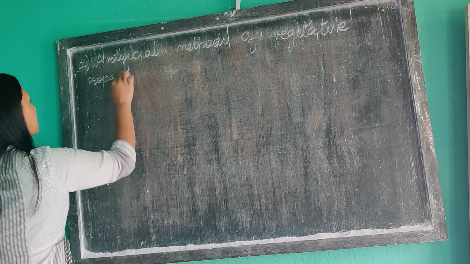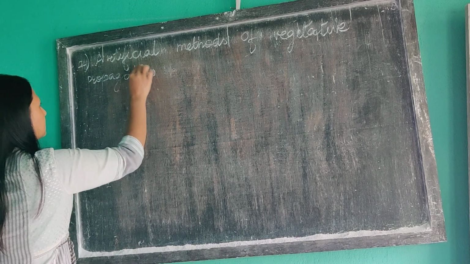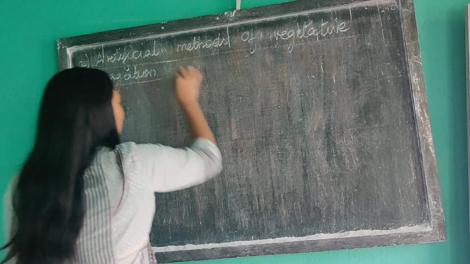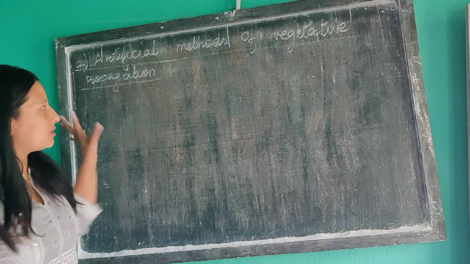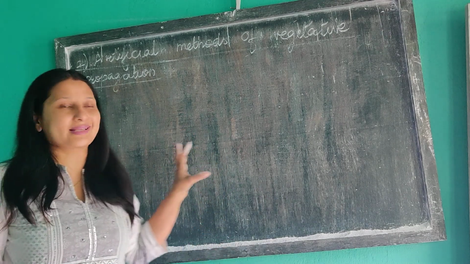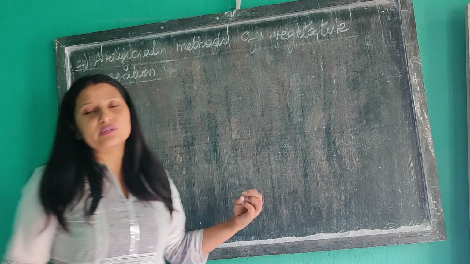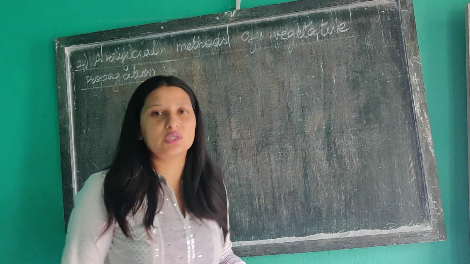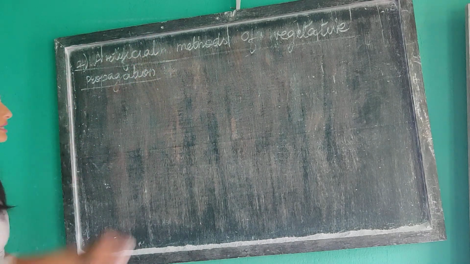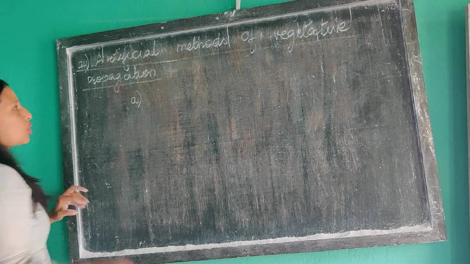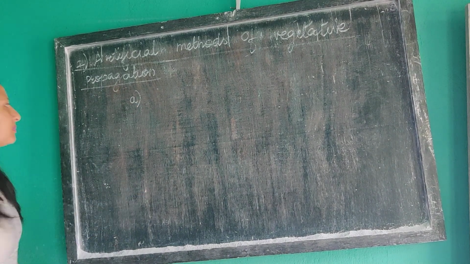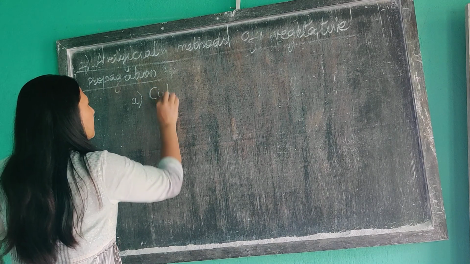Scientists have developed certain techniques, and through these techniques reproduction takes place, and that is known as artificial methods of vegetative propagation. So let us study some of the artificial methods adopted by scientists, horticulturists and agriculturists to reproduce plants. First is cutting.